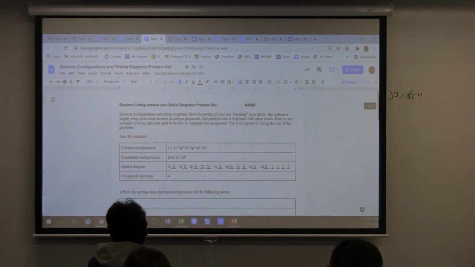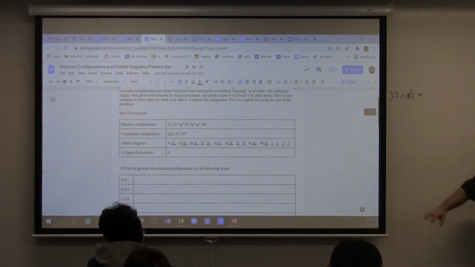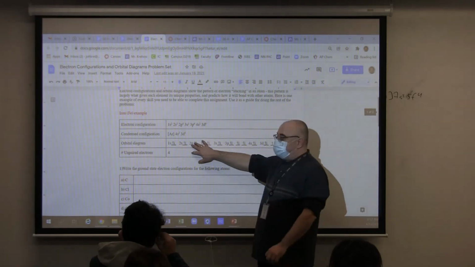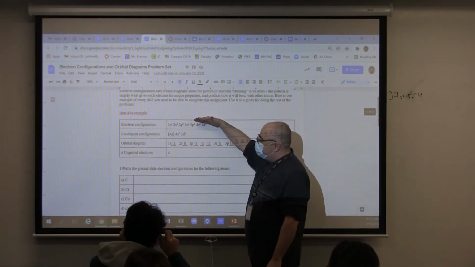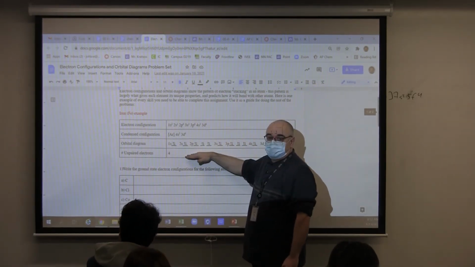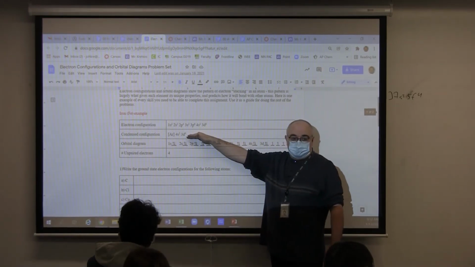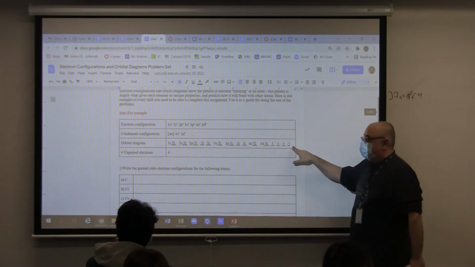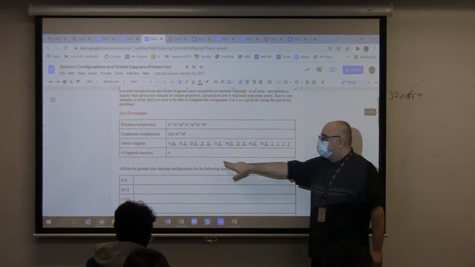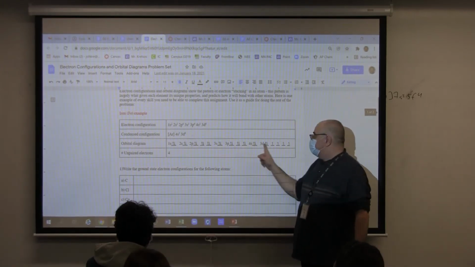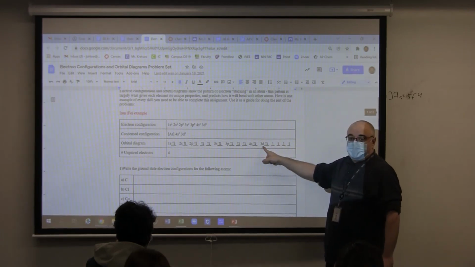I made it a doc, so when you open it, you'll all have access to this. It shows you an example of each type of problem I'm asking you to do. Write the configuration, write it in the condensed form, write the arrow diagram, the orbital diagram, and then count how many unpaired electrons there are by just looking at this diagram.